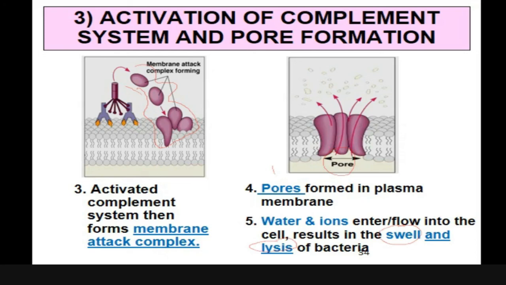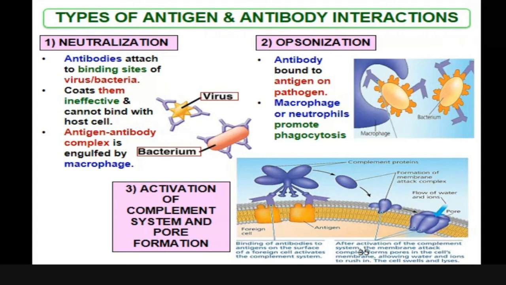Alright, so sebab tu complement system, activation of complement system and pore formation. The complement system is the complement protein. The protein will form pore on the surface of plasma membrane of the pathogen. Okay, you boleh baca semula nanti.